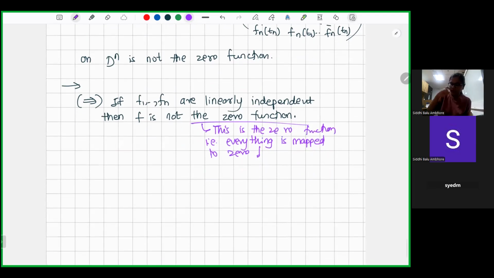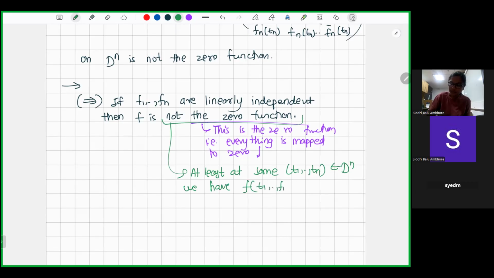Not the zero function here means at some t1 to tn in Dn we have f of t1 to tn non-zero.